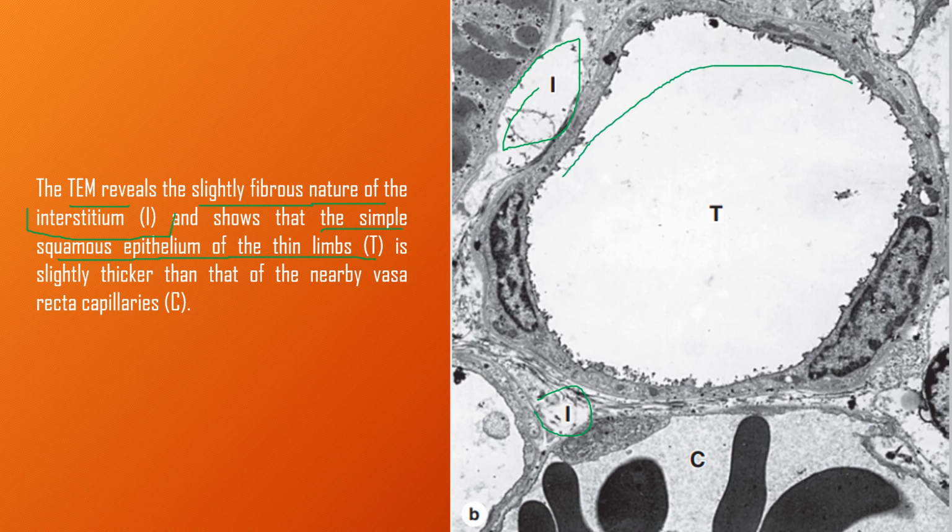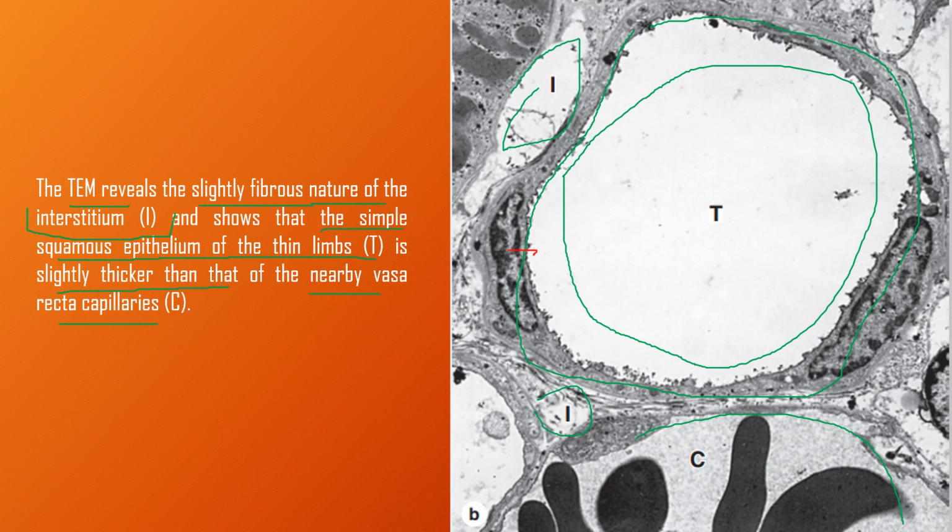As we see, this is the thin limb which has the simple squamous epithelium, as I'm showing here, which is slightly thicker than that of the nearby vasa recta capillaries. These are the vasa recta capillaries. So the squamous epithelium of the thin limb is thicker than that of the vasa recta capillaries.